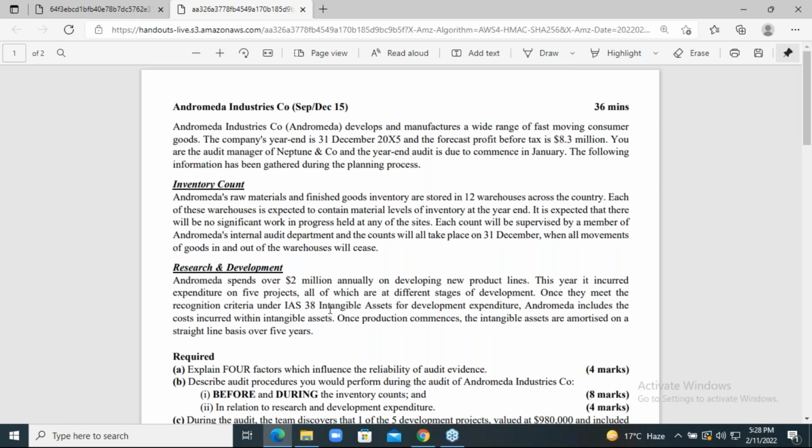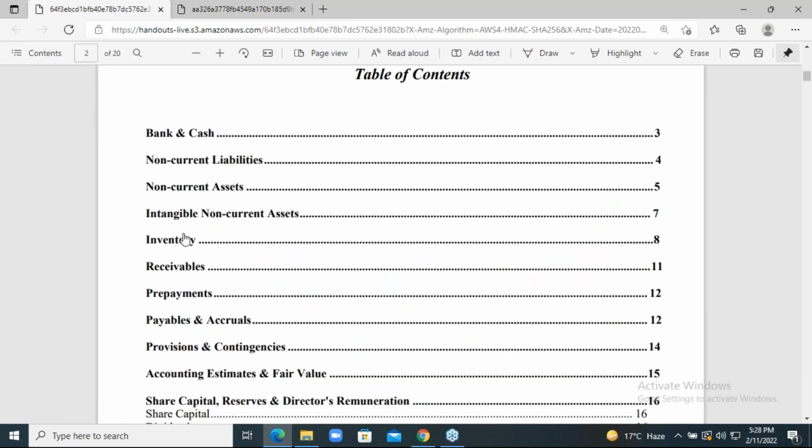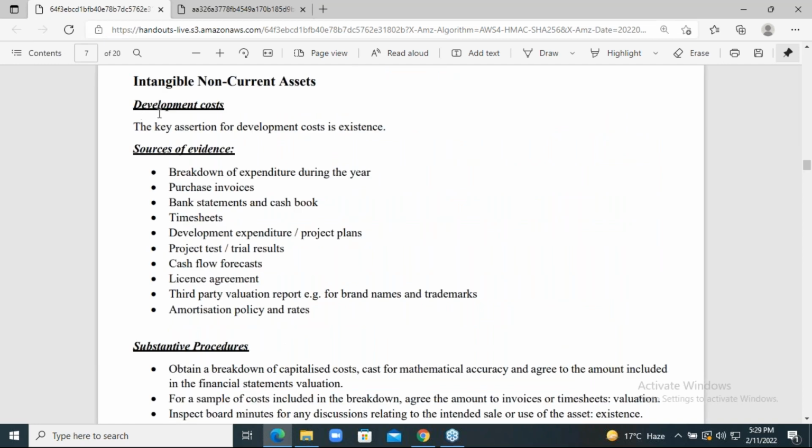Now, you are going to write all the generic procedures. First of all, you should have good knowledge of development cost generic procedures.